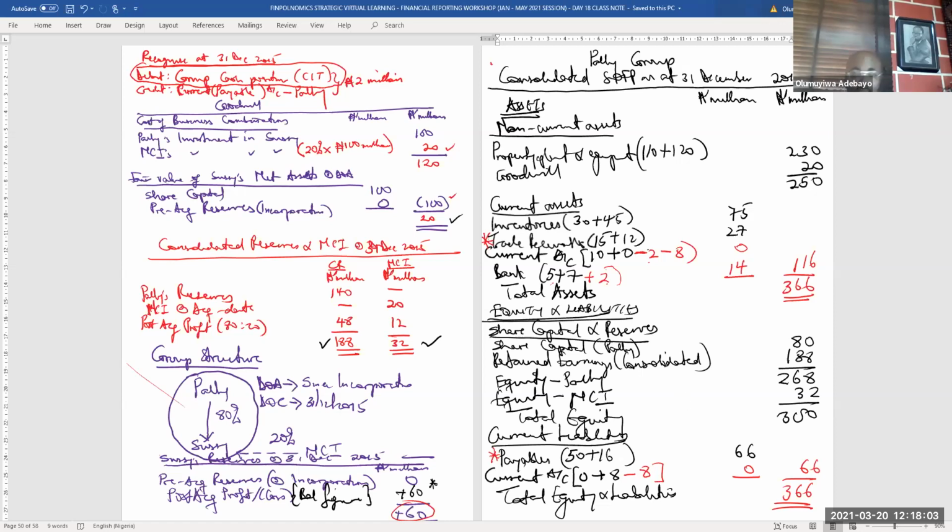Okay, if there's no question, let me copy out if it is goods in transit, and let's see how the adjustment will show the same position.